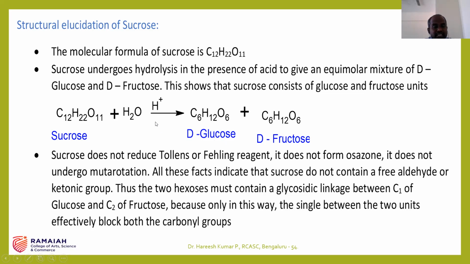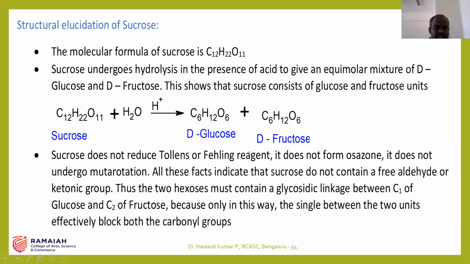And one more thing, since sucrose on hydrolysis gives two monosaccharides, sucrose should be a disaccharide. I'm talking about sucrose, not glucose or fructose. Sucrose is a disaccharide and it does not reduce Tollens reagent or Fehling solution.